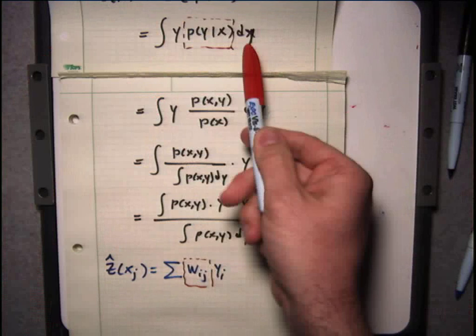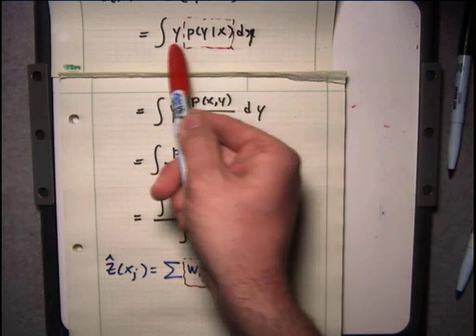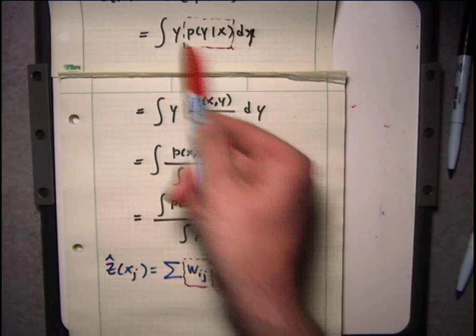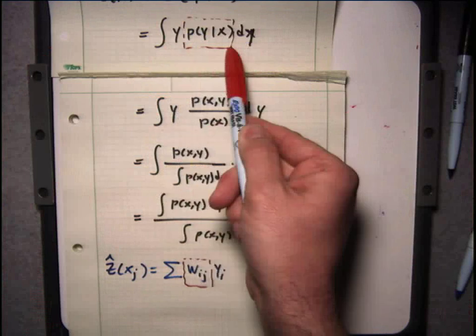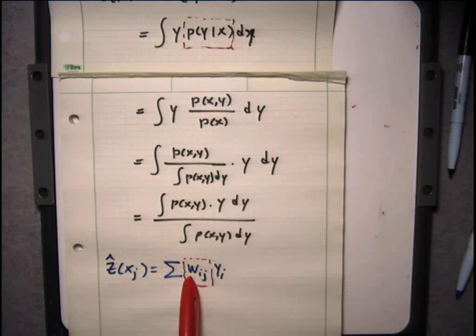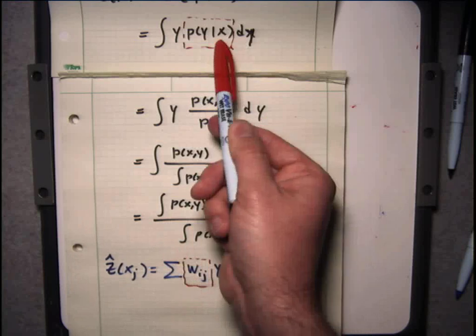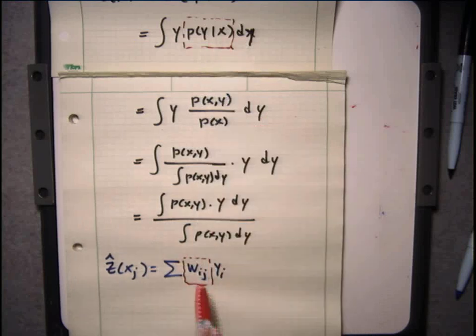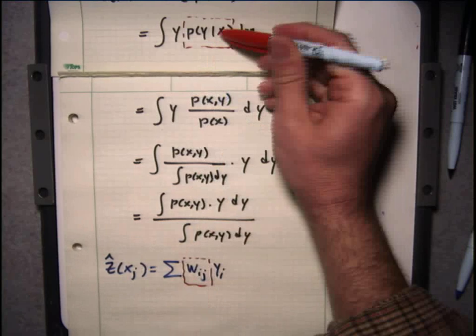It's a linear combination of the y's with some weights in front of it. The weights happen to be the conditional density of p of y given x. wij in this expression is just a discrete version of this. Wij, therefore, essentially plays the role of this conditional density.